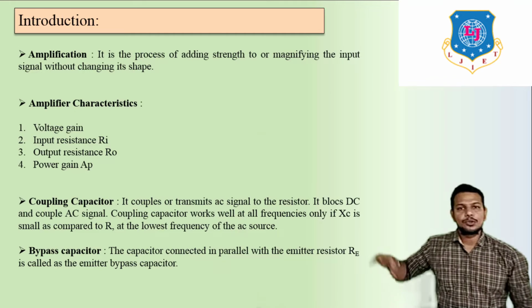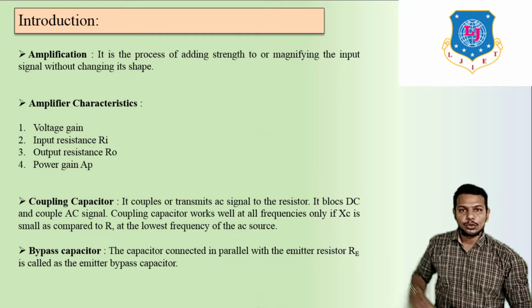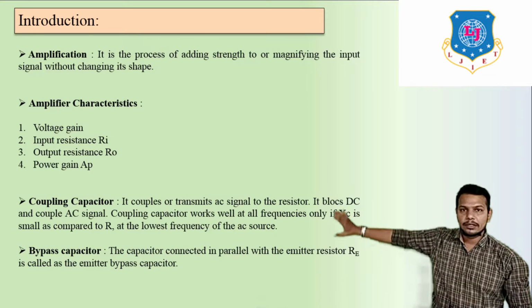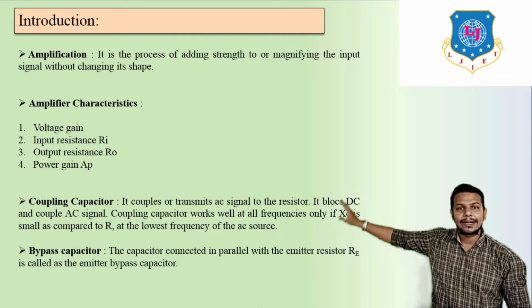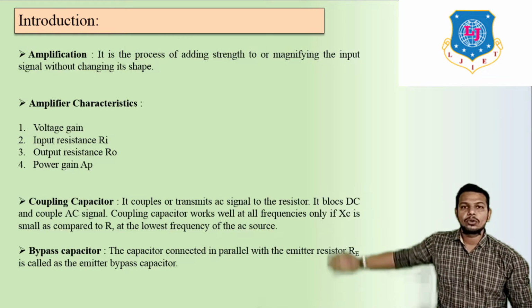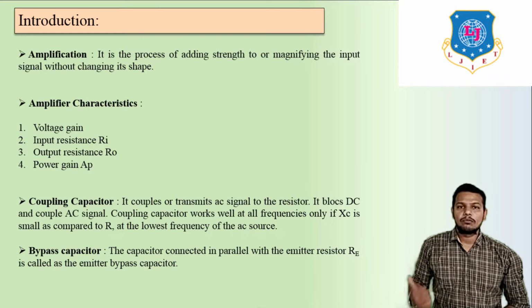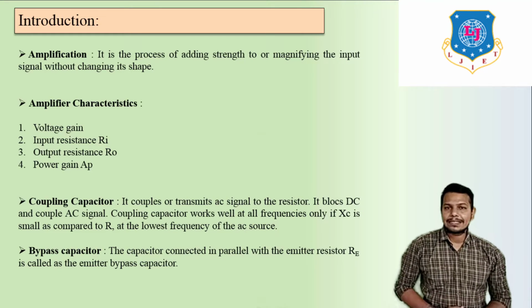Now we are going to use an amplifier. For an amplifier there should be some characteristics. These are a few characteristics which are most important for the amplification process. Number one is voltage gain. What is gain?